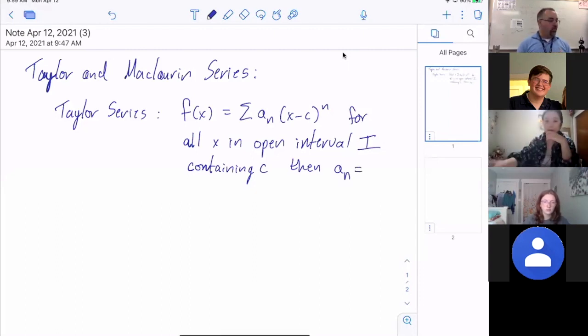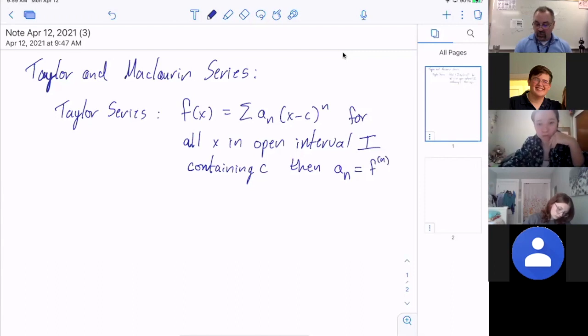Well, remember how we found the coefficients for the Taylor polynomial? We found the nth derivative at C and divided by n factorial. And so that's how we get a Taylor series for our function f of x.